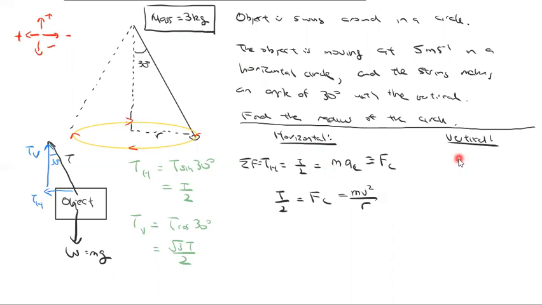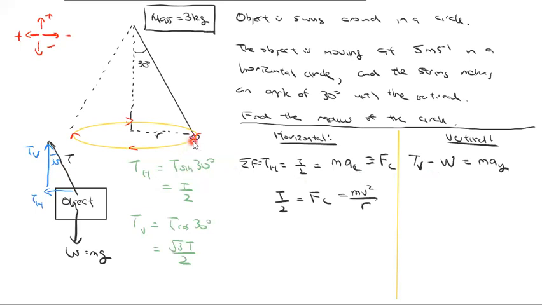All right. Now let's also do the same thing for the vertical. So vertically, let's have a slight divider line here. Because up is positive, you're going to have TV positive, and then you have to minus W because weight is going downward. And because you've got TV minus W, that's the net force equals MA in the Y direction, of course.